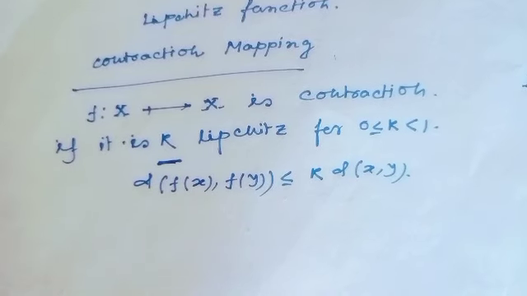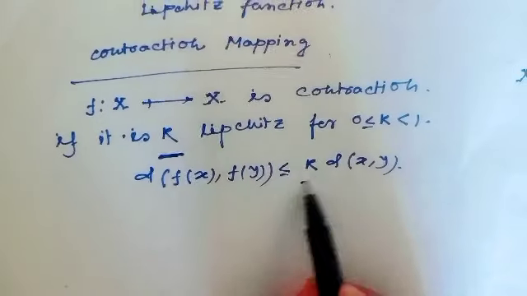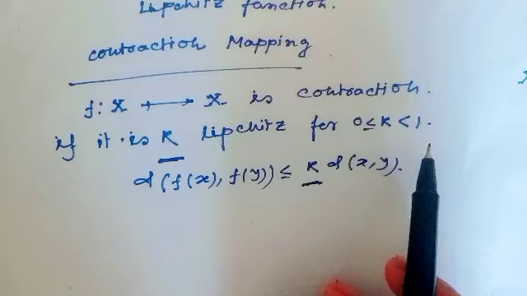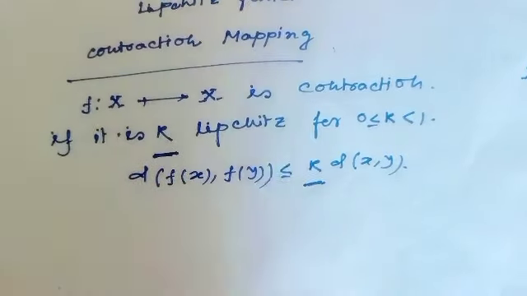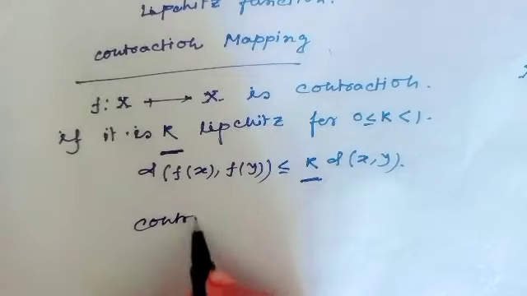This is the definition of a contraction mapping, and here k lies in the interval [0, 1). And a contraction mapping is actually always uniformly continuous.